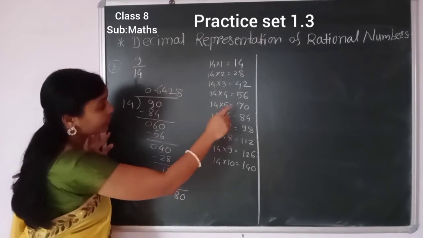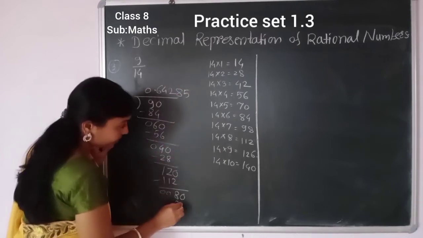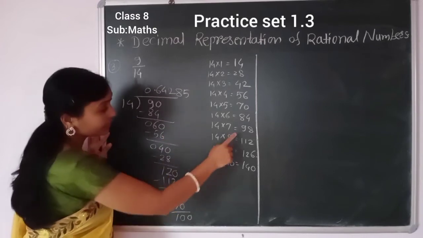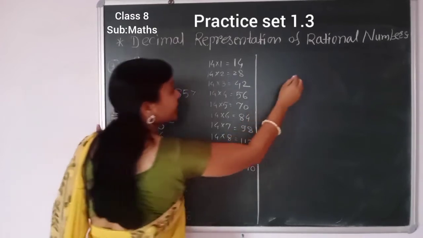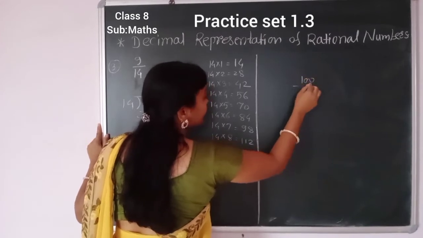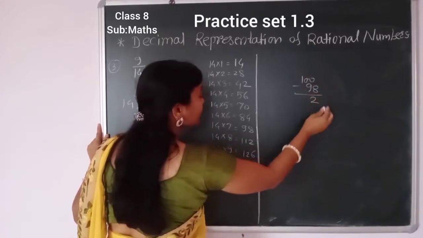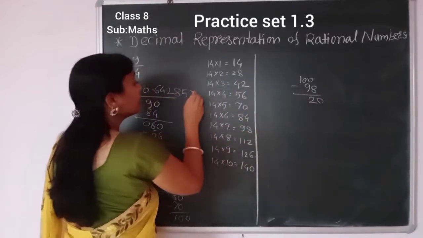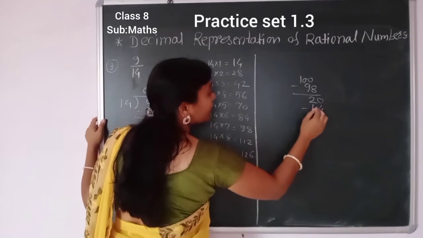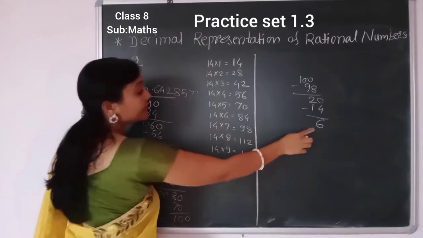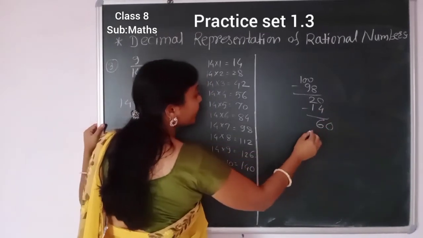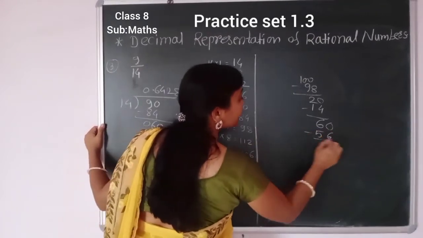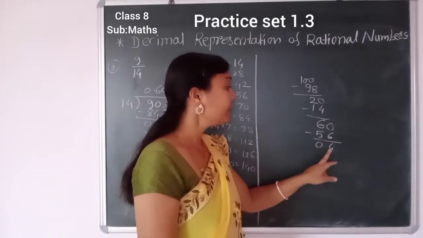Then 14 fives are 70, 14 sevens are 98, 100 minus 98, we get 2. 14 ones are 14, again we repeat here 6, 0, then 14 fours are 56, again remainder 4.